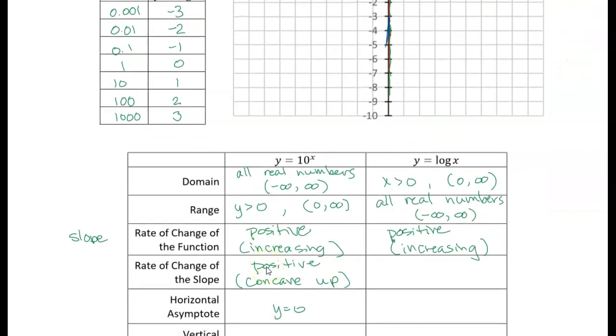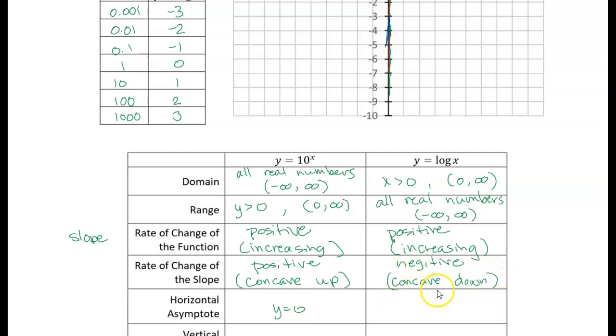So the rate of change of the slope is becoming less, less positive. So we have a negative rate of change of the slope, which means the second derivative would be negative. We would expect, if we could take the second derivative of the log of x, which we haven't learned how to do yet, that it would be a negative value. And so it's concave down.